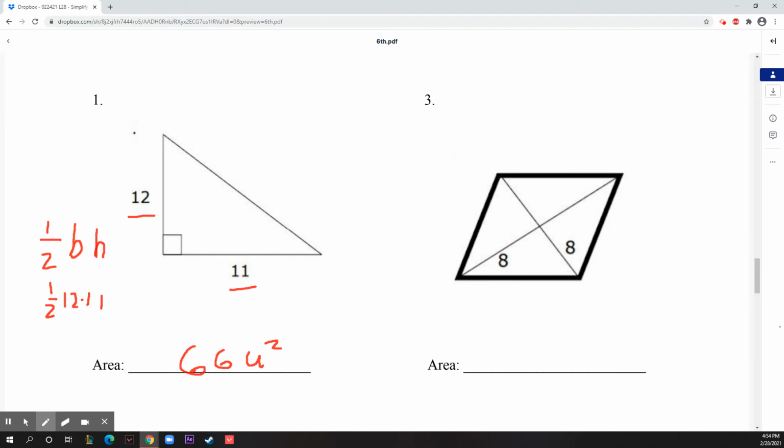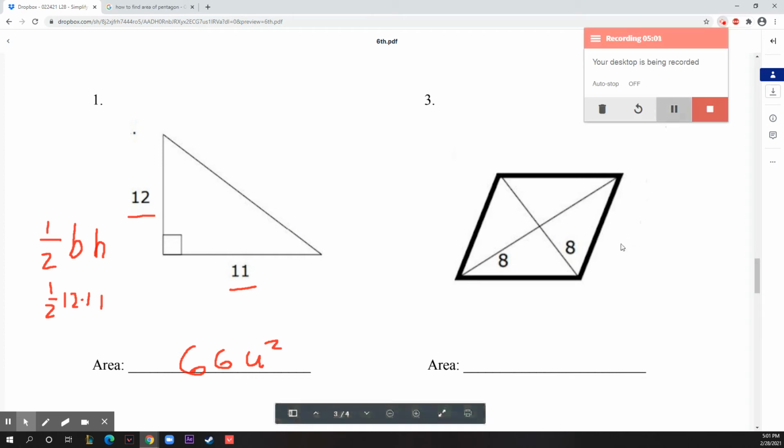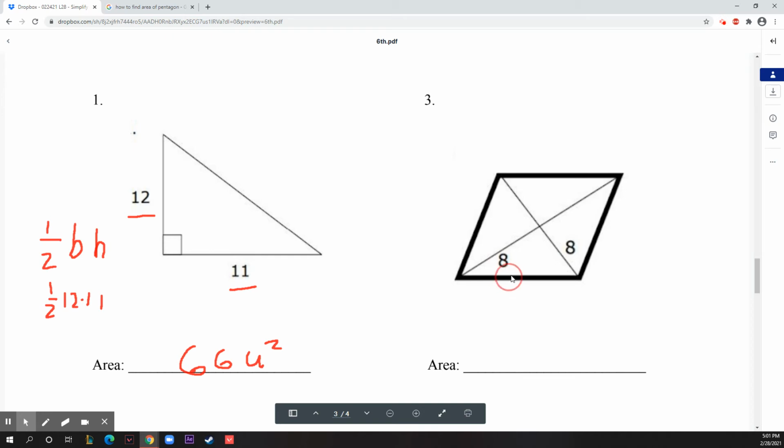Number 3 is asking for the area of this parallelogram. Actually, scratch that. We're not going to be doing number 3 because it's sort of ambiguous where this 8 is referring to, whether it's this line over here or this line over here, and if it's not to scale, that's also confusing.